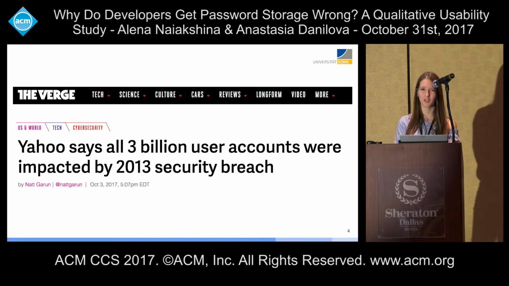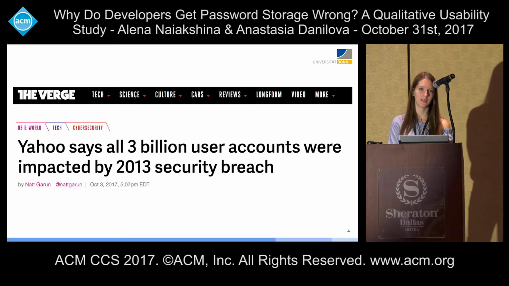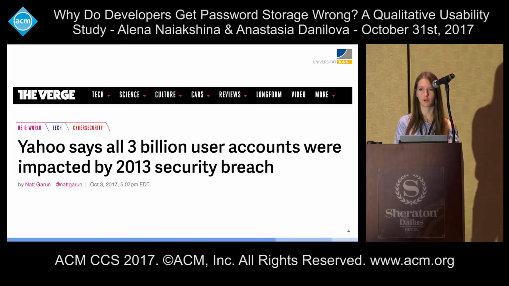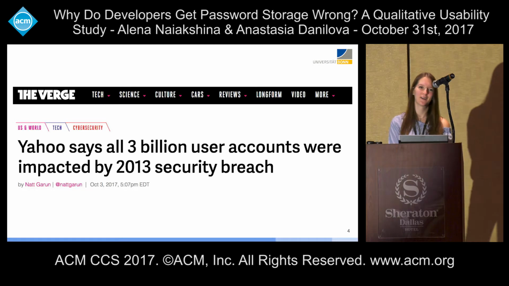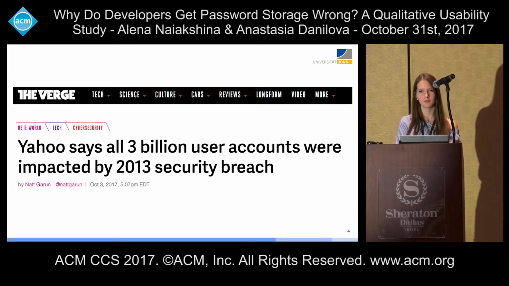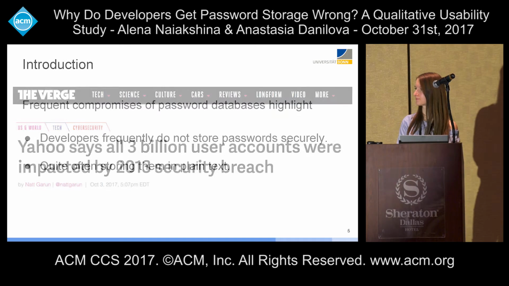And there have been a lot of other examples for password data bank leaks, for example, LinkedIn, Dropbox, and also good old MySpace. And the problem here is that a handful of developers is responsible for securing the end user passwords.